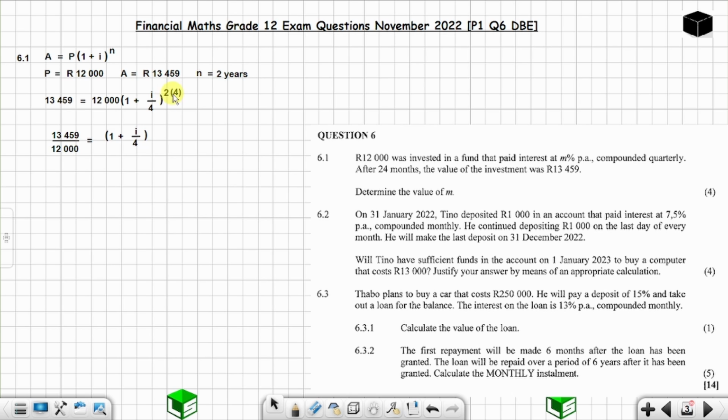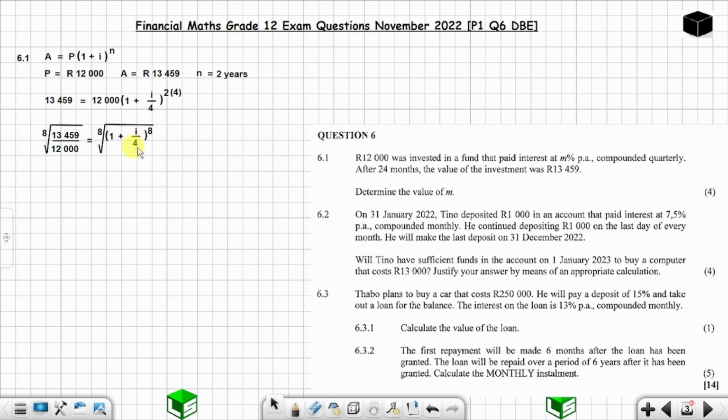This is 8. You are going to take the 8th root on both sides so that you can get rid of the 8, which is the exponent. So you take the 8th root on this side and the 8th root on this side. What you do on the right, you also do on the left.